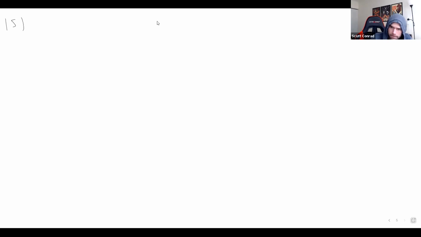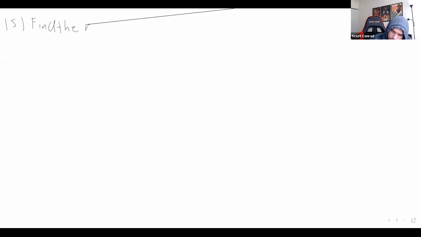So number 15, we need to find the absolute max and min of a function on a closed bounded region in R2.